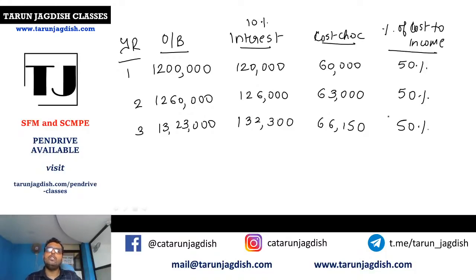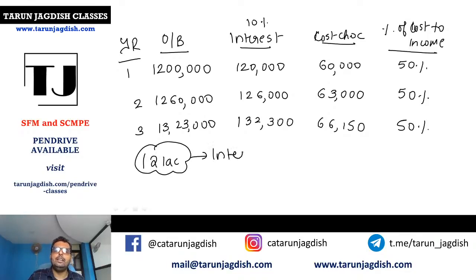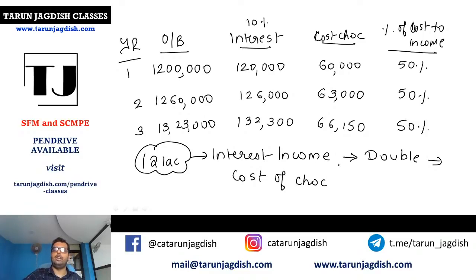So tell me, friends, what is the moral of the story? If I invest 12 lakhs, my interest income will always be double the cost of the chocolates. So even if my chocolate cost goes on increasing by 5%, my interest income will always be double. So this can go on forever, or this can go on towards perpetuity.